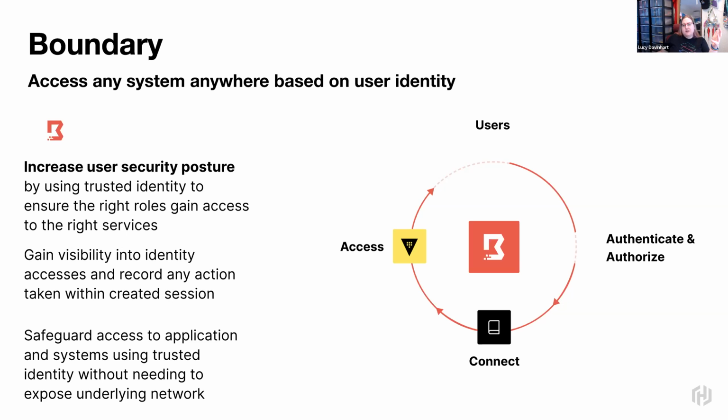But once a user has decided which target host they need to access, Boundary will proxy that connection between the user and the system that they're accessing. And here's where Boundary and Vault shine together. So the native integration with Vault means that the user gets passwordless access.